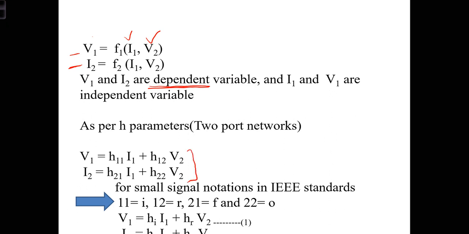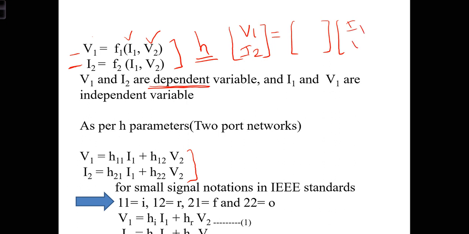How did we get this equation? If we are using H parameter, we write in matrix form: V1 and I2 are dependent on the other 2 variables, I1 and V2. And this is actually your H matrix. Generally, for any two-port network parameter matrix, like ABCD matrix, Y matrix or Z matrix, you write 11, 12, 21, 22.